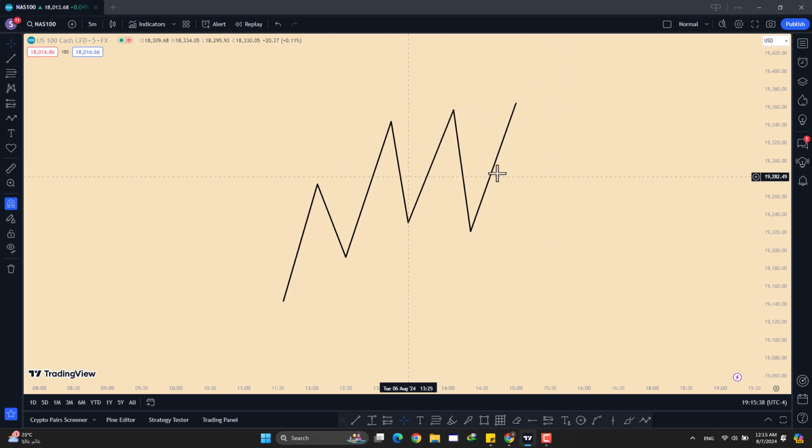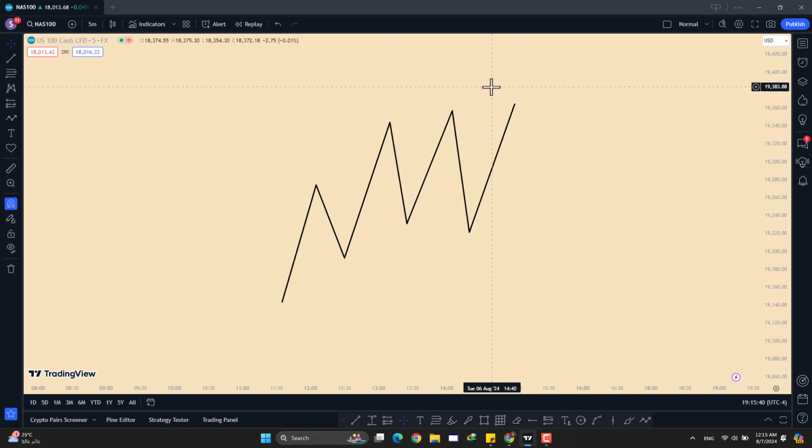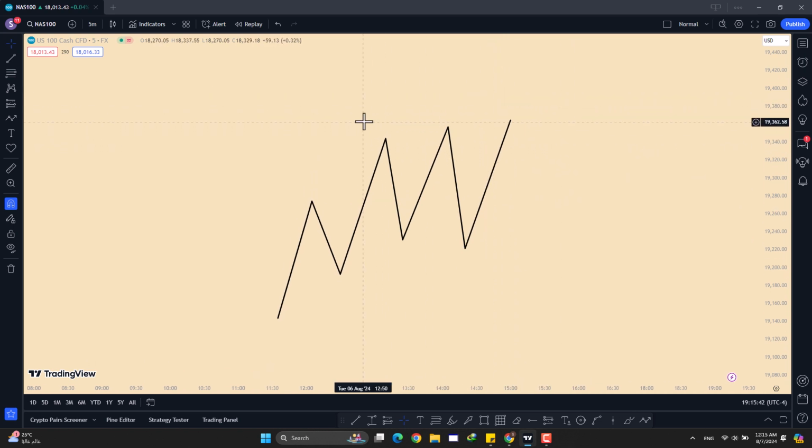The time frames we're going to use for this backtesting session: the 15-minute for execution. We're also going to use the 1 hour, sometimes a 30-minute, but most of the time the 1 hour, for a higher time frame. We're not going to go under the 15-minute, so we're going to stay only on the 15-minute for execution.